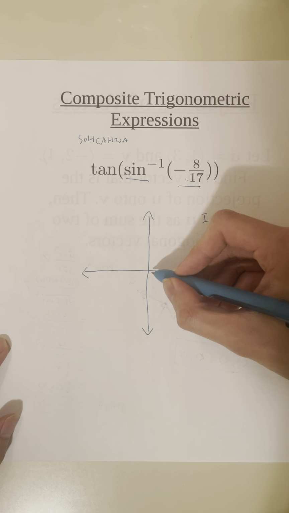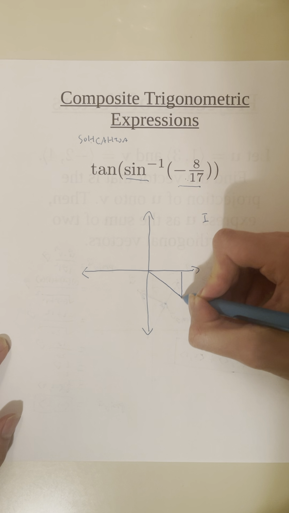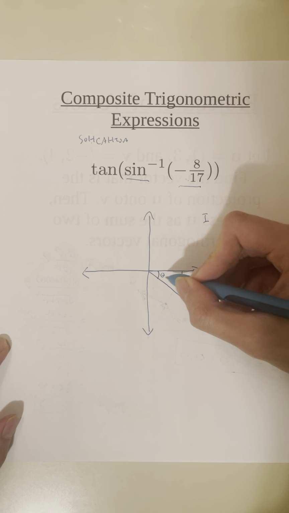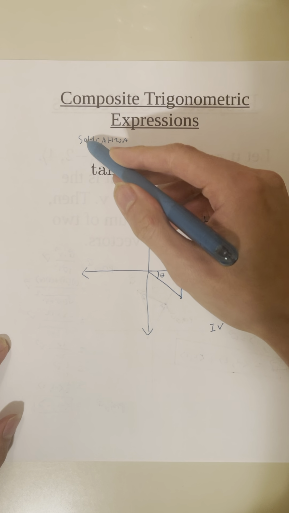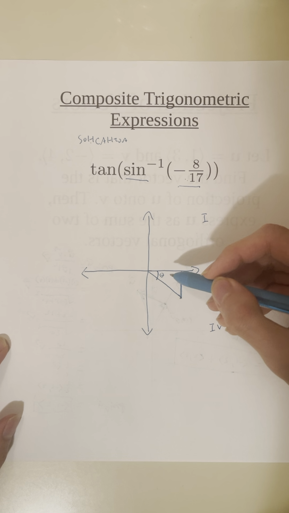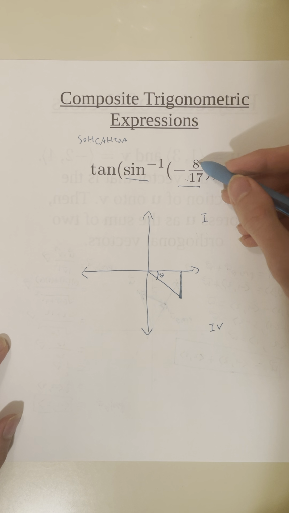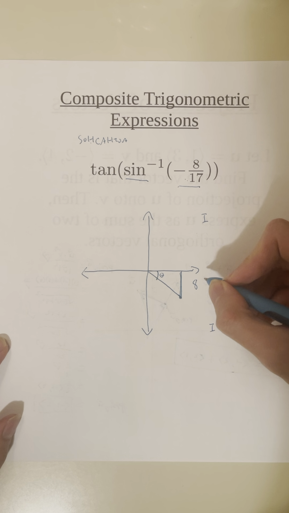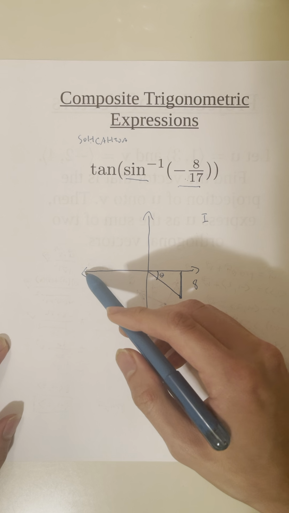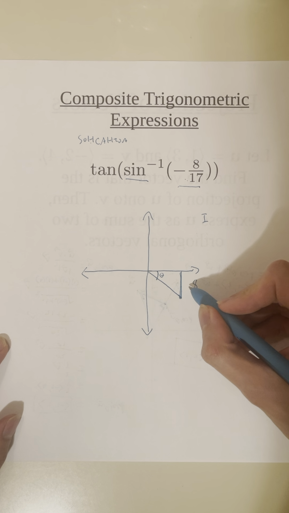So when I draw the triangle, I need to draw it such that the side that is opposite to this angle is equal to 8. However, since we are below the x-axis, we need to put a negative sign in front.